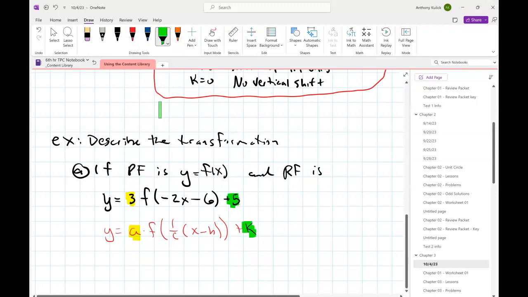And 5 needs to be K. But if I look at the middle, the minus 2x minus 6, that's not written as 1 over c times x minus h, right? So I'm going to need to do a little work on the inside to tease out where's the c and where's the h. Is everybody okay with that? Khalil?